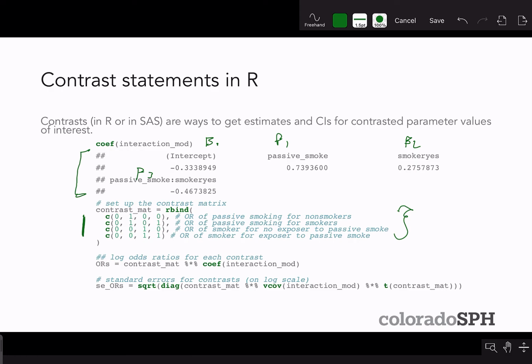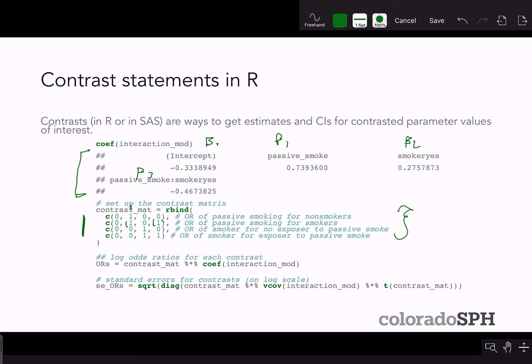So here, this is like saying, for passive smoking for non-smokers, a 1 for the passive smoking column and a 0 for everything else. Secondly, in the second column, we want passive smoking for smokers. That's again a 1 in the passive smoking column and also a 1 in the personal smoking column.